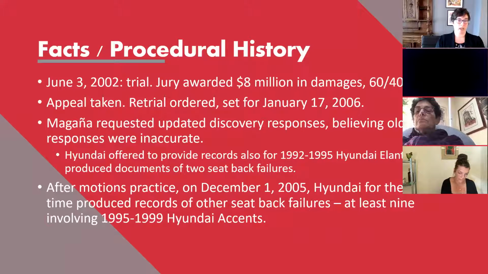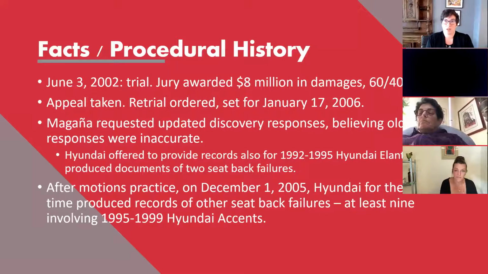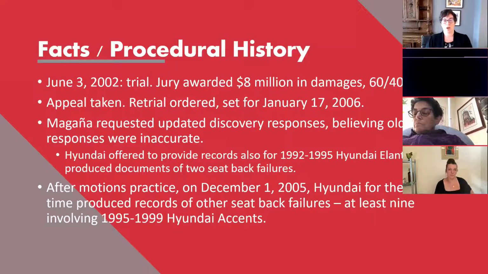It later went to trial. There were discovery disputes right before, leading up to trial. And that's how it stood, that Hyundai says they turned it all over, and Hyundai said there were no other incidents. It went to trial for reasons not important to this opinion. There was an appeal and a retrial was ordered, and Magana then requested updated discovery, and that process continued for months.